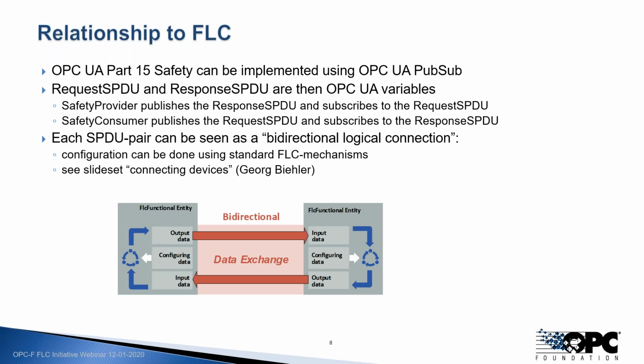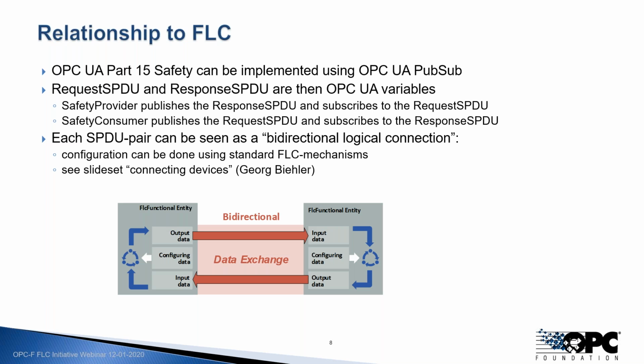So in summary, we try to keep the safety configuration and the safety offline engineering as similar to standard engineering and configuration as possible. Of course there will always be some specialties with safety where you have to be very careful.